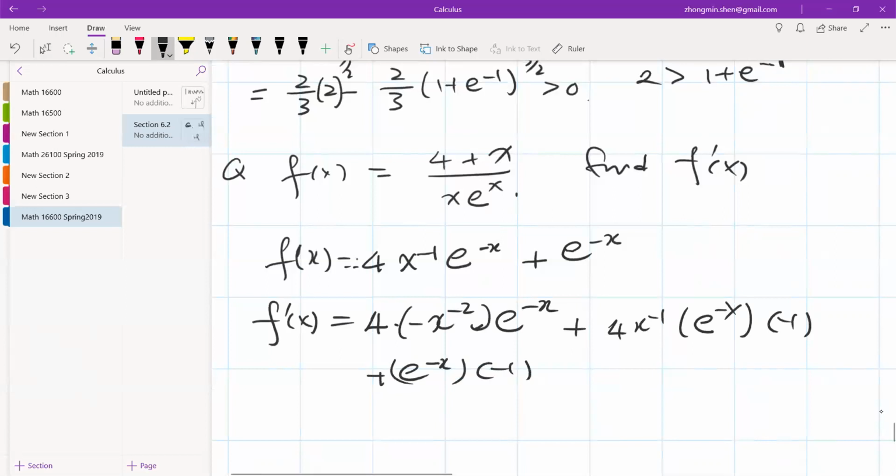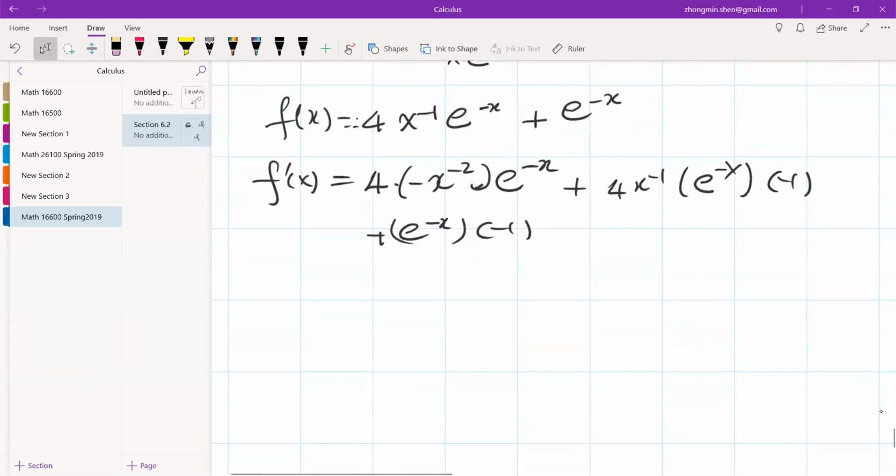Okay, so you get negative 1. Then you simplify a little bit. You can take that as a common term there. You can take it out if you want. It's negative 4x to the negative 2 e to the negative x, negative 4x to the negative 1 e to the negative x, and negative 1 e to the negative x.